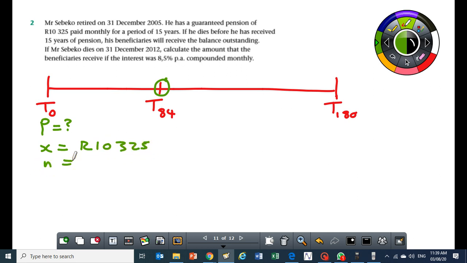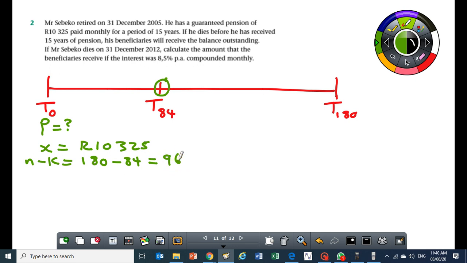Our N, now remember, to make things easier, I'm going to put it as K here. Because our formula uses K, our N is in fact N minus K, so that will be 180 minus 84, and that will give us 96.